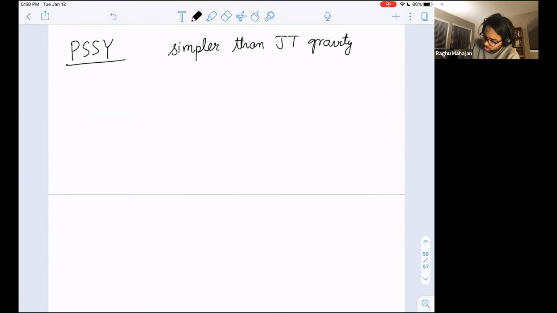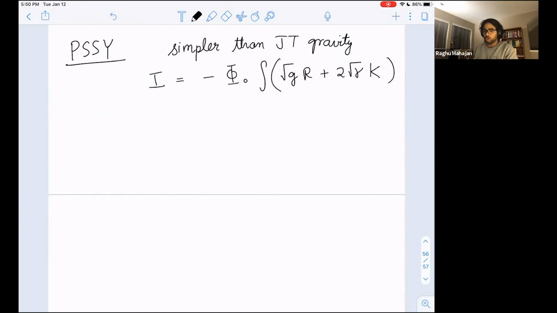What you do is simply keep in the Euclidean action the topological term, the phi naught term. So the dilaton is gone, there is no fluctuating dilaton. We just look at this, and this is equal to negative phi naught times the Euler character.